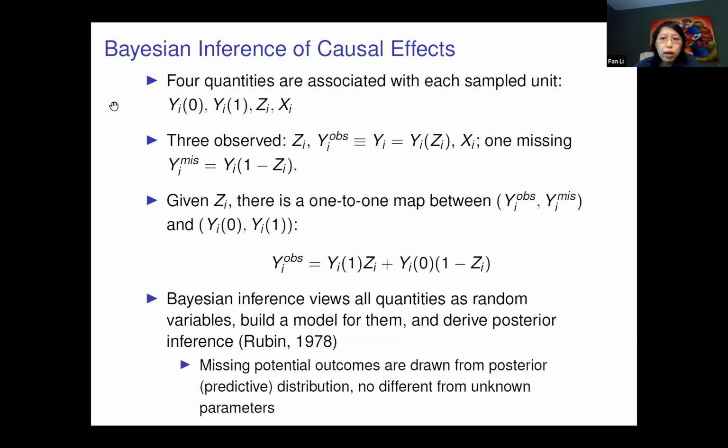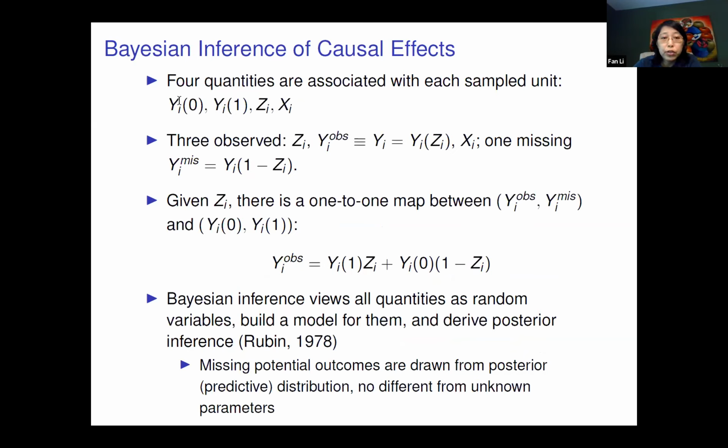Now how about Bayesian? The dogmatic Bayesian approach is you have a model, you have priors, and you use the Bayes rule to get the posterior distribution. But in causal inference it's slightly more complicated because we have the missing potential outcome issue. So let's take a look at how we deal with causal inference from a Bayesian perspective.